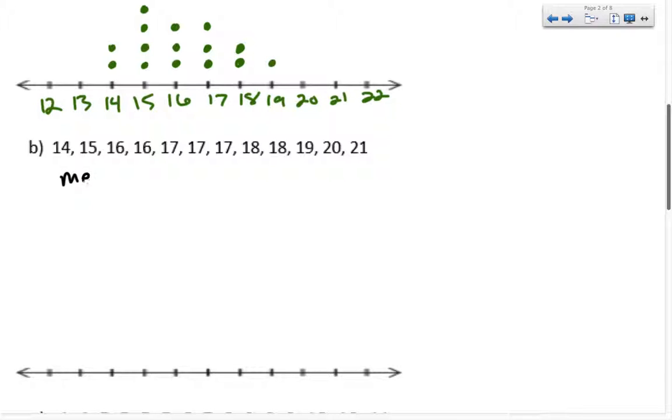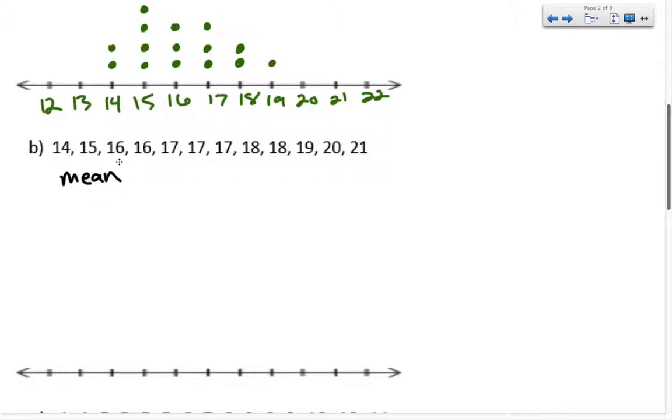We're going to start off with our mean. Go ahead and calculate that. In order to calculate the mean, we're going to have to take 14 plus 15 plus 16 plus 16 plus 17, 17 and 17, and then 18, 18, 19, 20, and 21.